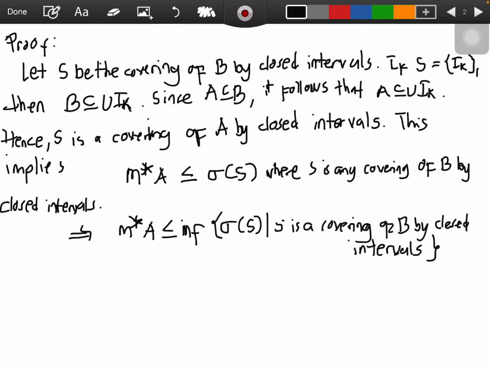Now, take note that the infimum of the set containing sigma of S, where S is a covering of B by close intervals, by definition of outer measure, that implies M star of A less than or equal to M star of B, which is ito yung goal natin. So this is done.